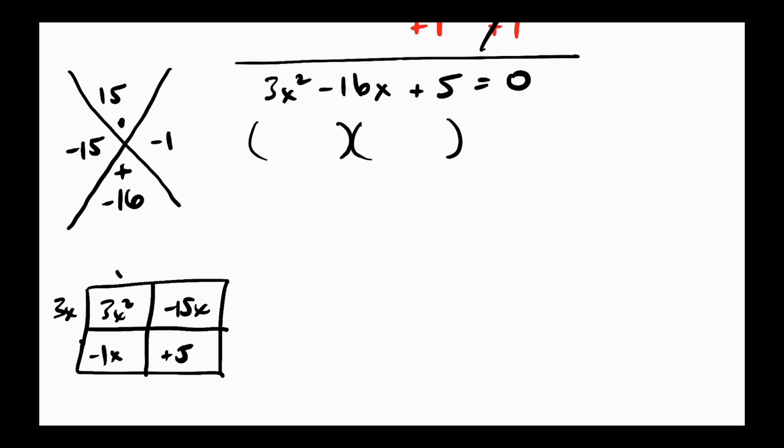I get 3x and x minus 1 minus 5, so x minus 5, 3x minus 1.